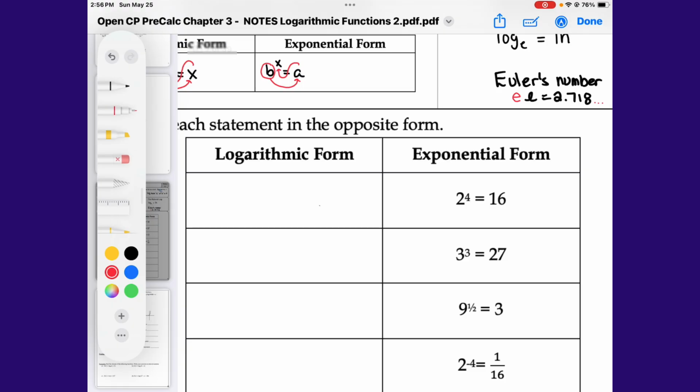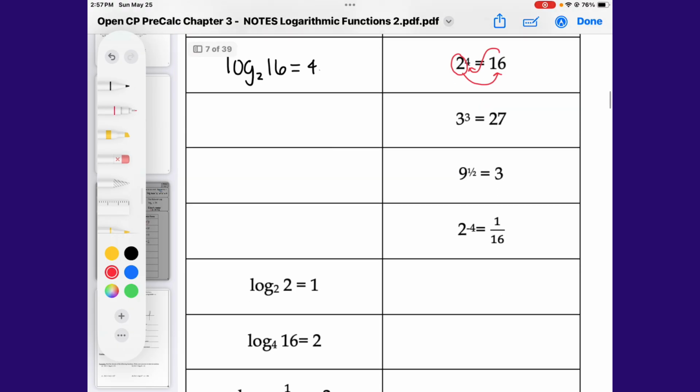So here we're given exponential form. So we have our base. We always start with our base. And then we're going to roll through that equal sign. So we have log base 2 of 16. We roll through that equal sign to 4. Same thing in our second example.